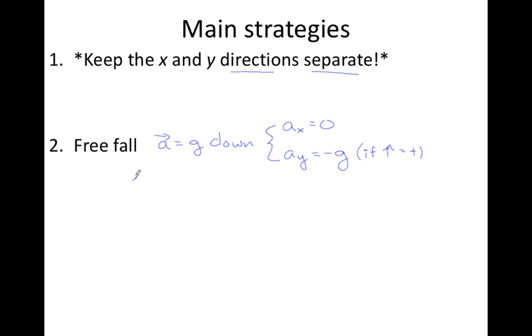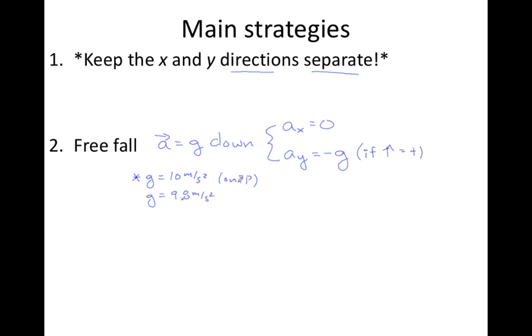And as a reminder, g has a value of 10 meters per second squared that we would use in positive physics. And g in the real world has a value of approximately 9.8 meters per second squared.